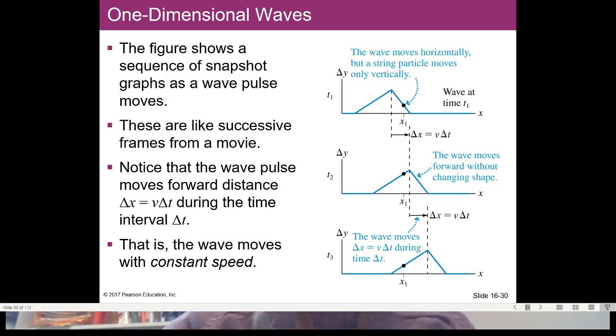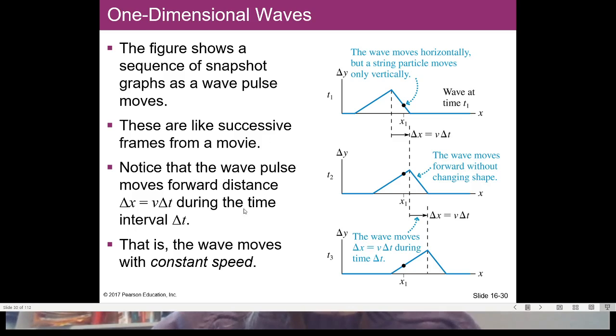Okay, so here we have successive snapshot graphs of the same wave, but at different times. This top graph is labeled T1, then we have T2, which is a later time, and then we have T3, which is a still later time. And we can see that the wave goes from here to here to here. So it's moving in the positive x direction. As the slide says, they're like successive frames from a movie.